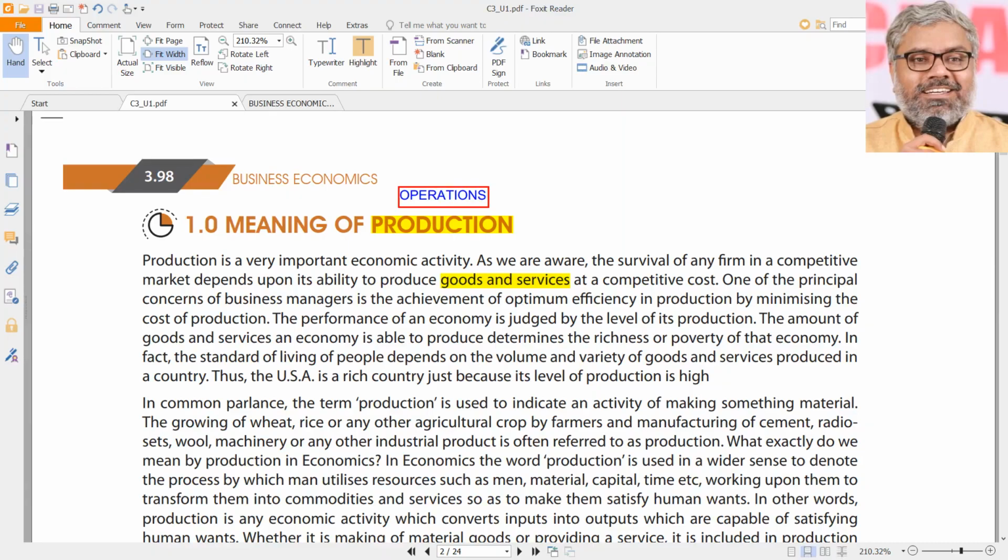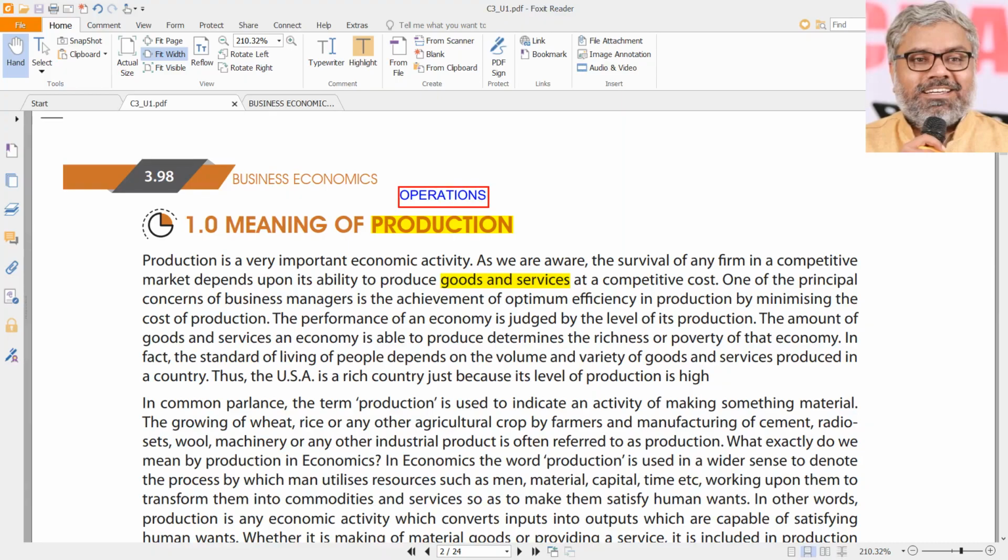Whatever the core activity of that organization is, that is what we call operations, and that is what is production, simply speaking. Of course, there will be so many support functions to the production. There will be the finance function, information technology and software which will support production, and human resources, HR, as it is popularly called. Many functions and many departments will be there.